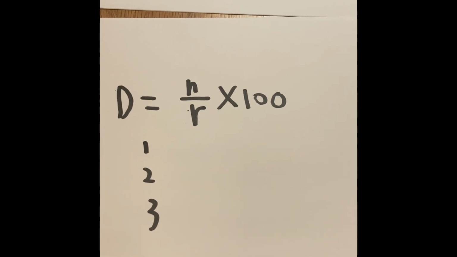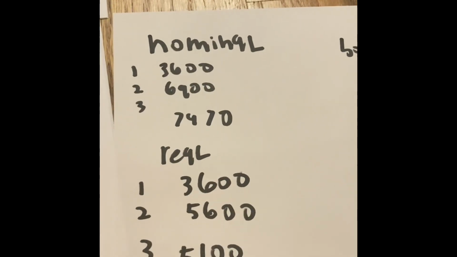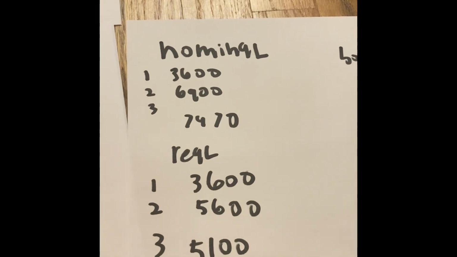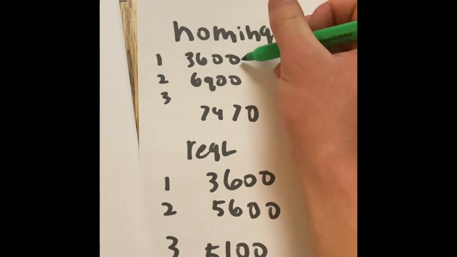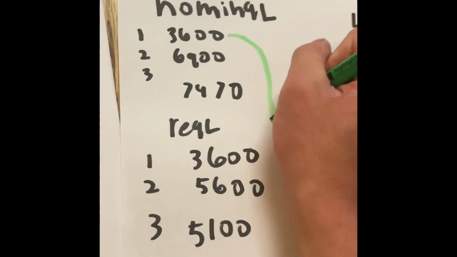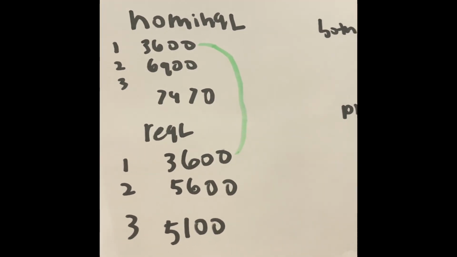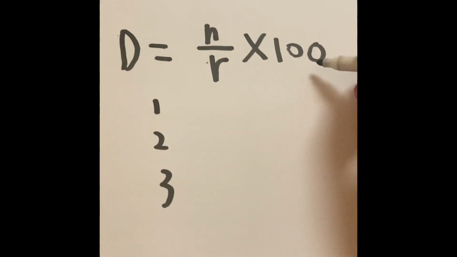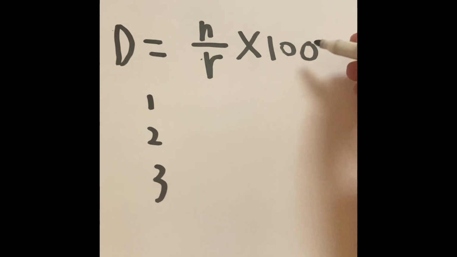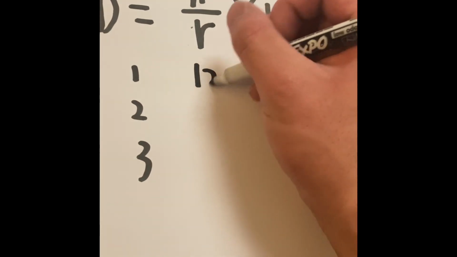Nominal divided by real. For year 1, 3,600 divided by 3,600. When you do that, you're going to get 1. But when you multiply it by 100, you're going to get an answer of 100.